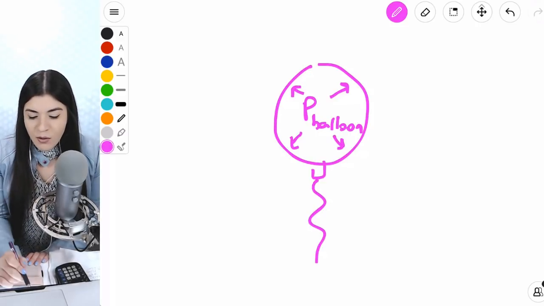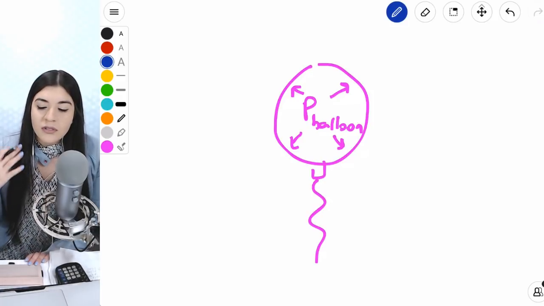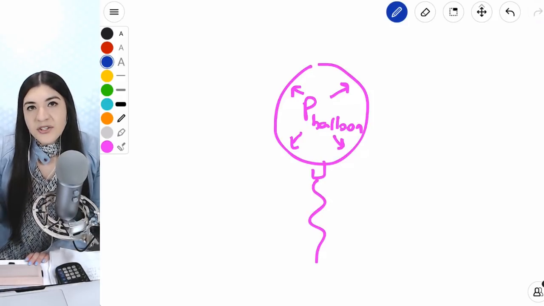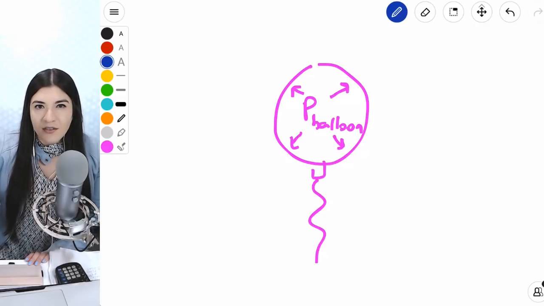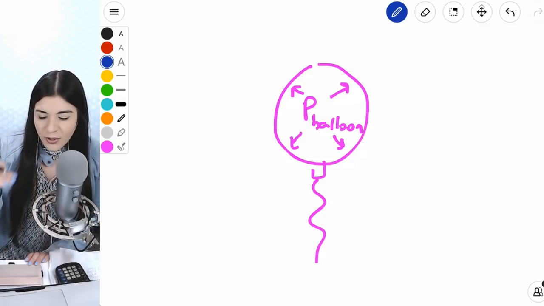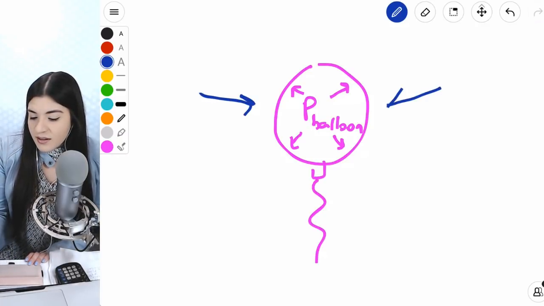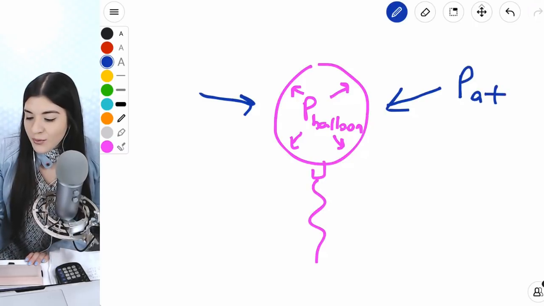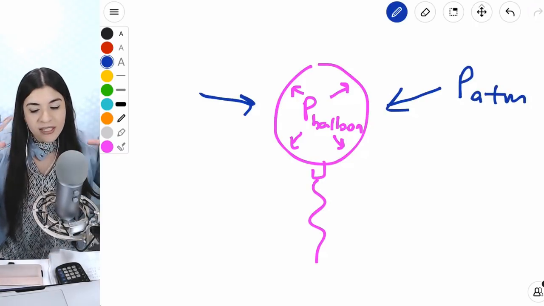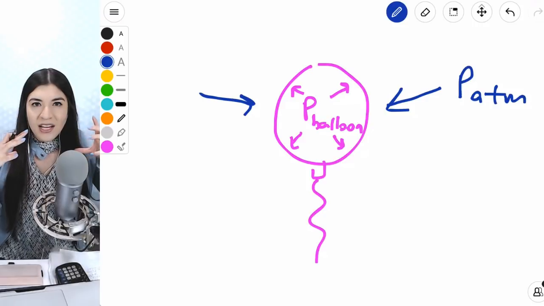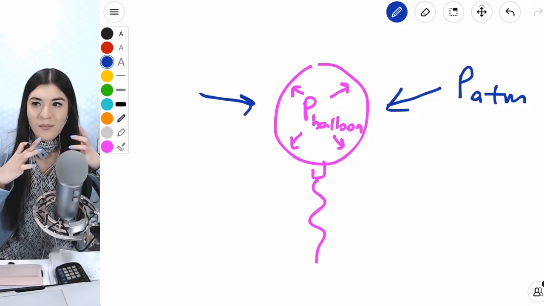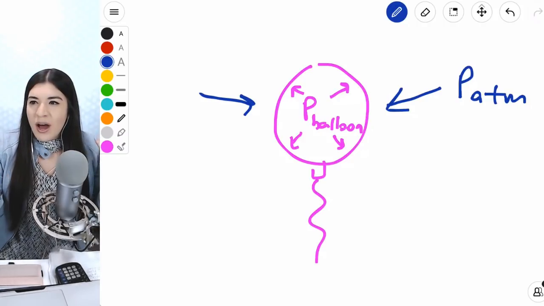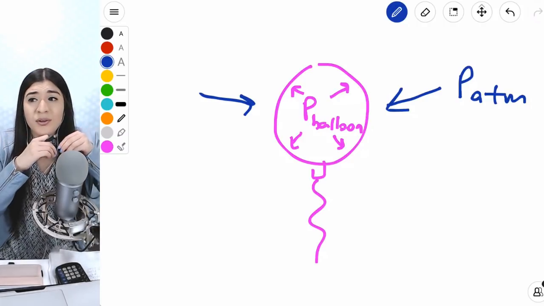Now, the other thing that we don't typically look at is the actual atmosphere, or the air that's being pressed on that balloon. So think of it as atmospheric pressure pushing down on that balloon, and that's why eventually it will get smaller and smaller, and essentially that's why you have less pressure inside the balloon than in the atmosphere.